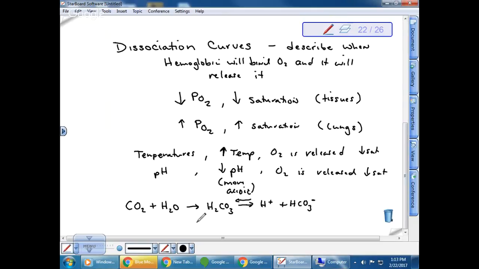So I can also write, as we increase CO2, we're going to decrease pH, and we're going to decrease hemoglobin saturation. Okay, so that's the reason why pH values differ in different parts of the body. So this is blood pH. Okay, so that is happening in your blood.